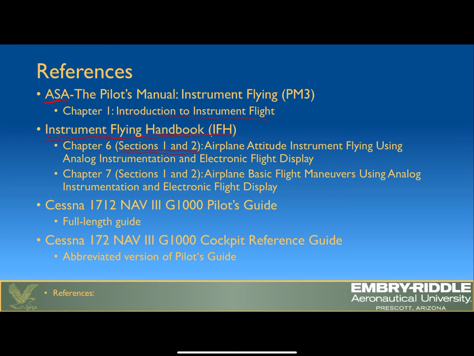There's also some information out of the G1000 Pilot's Guide as well as the Cockpit Reference Guide. So, once again, we are flying by our instruments, and our G1000 is what provides our instrumentation for us. So those are extremely helpful guides.